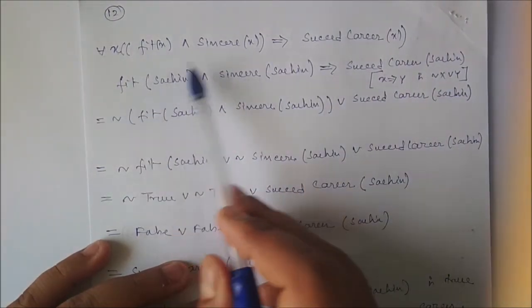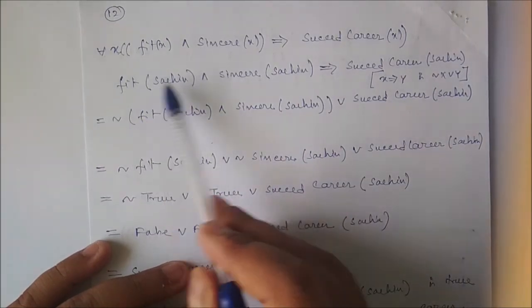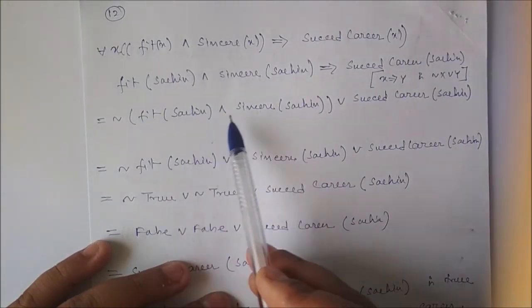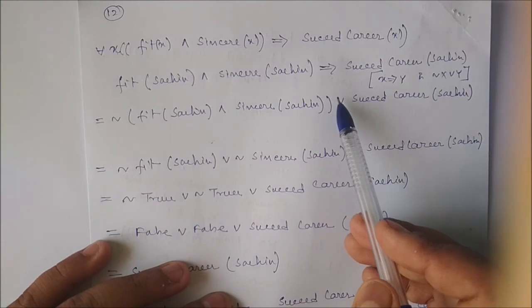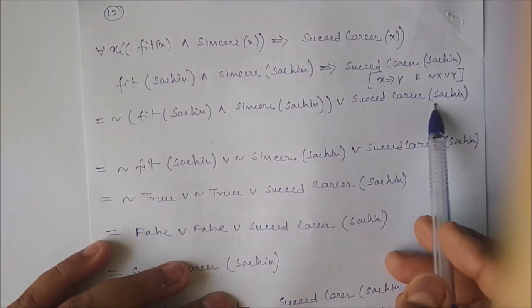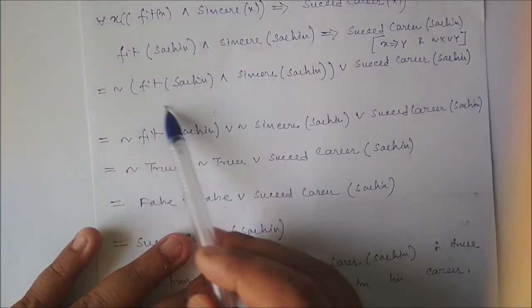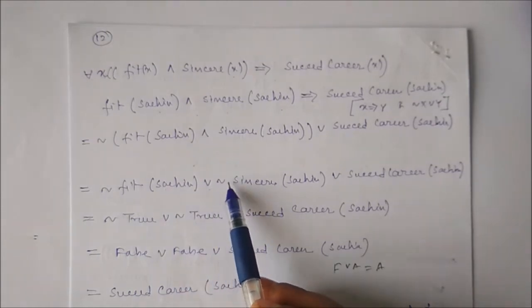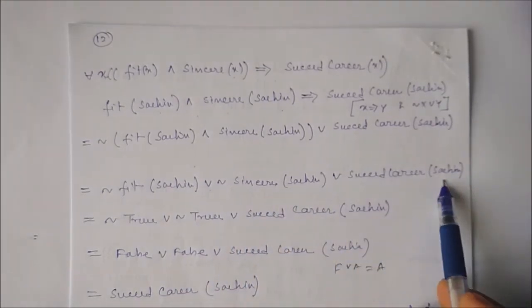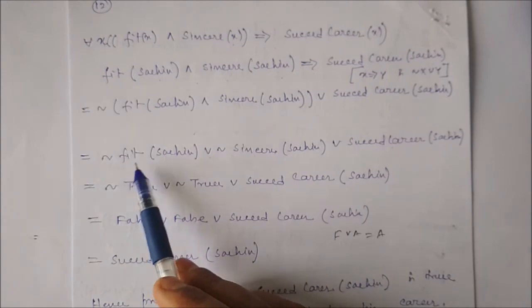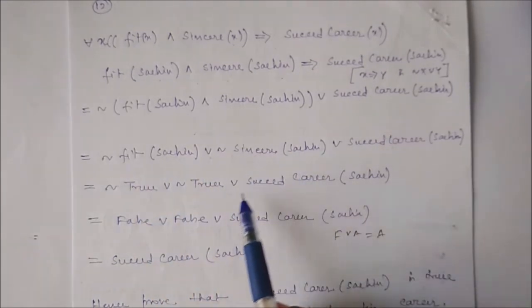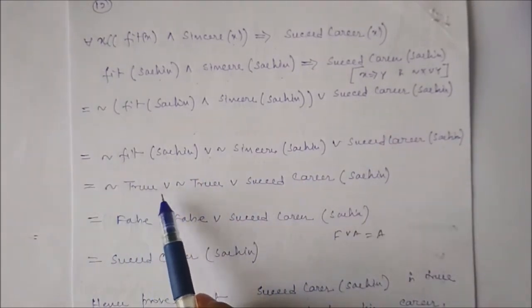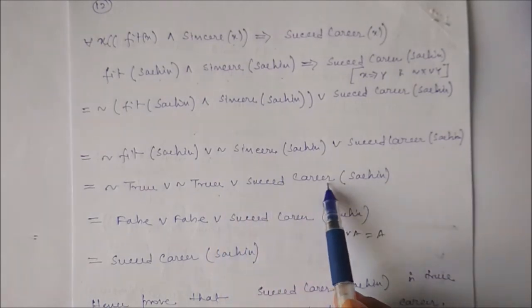We can write it as not (Fit(Sachin) and Sincere(Sachin)) or Succeed career(Sachin). Now this is not Fit(Sachin) or not Sincere(Sachin) or Succeed career(Sachin). Fit(Sachin) is true, Sincere(Sachin) is also true. So not true or not true or Succeed career(Sachin).